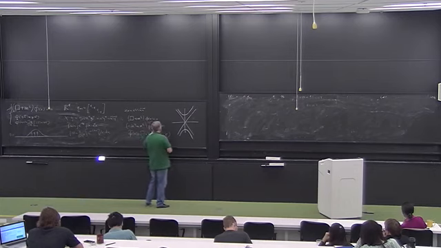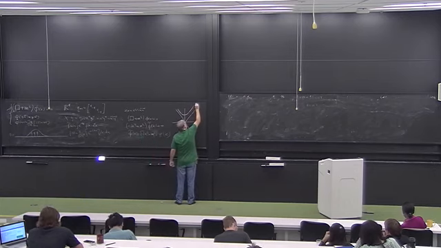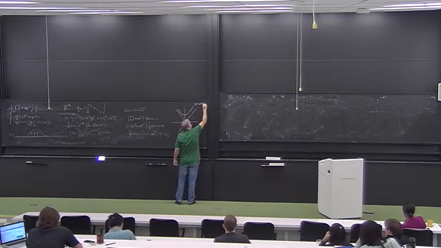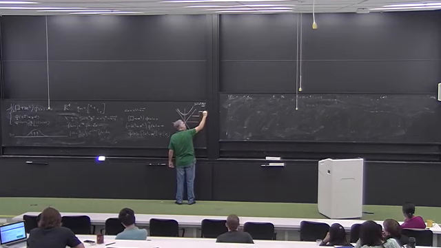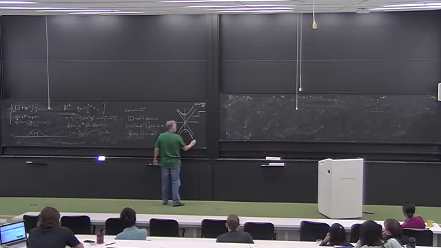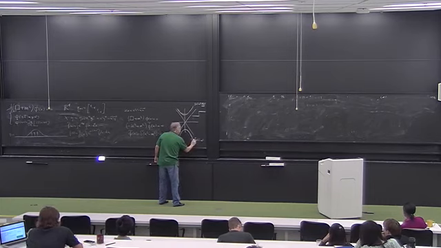This is delta of k squared minus m squared times theta of k0, which is Lorentz invariant. This is in the future. Theta is a Heaviside function. And this is delta of k squared minus m squared times theta of minus k0.